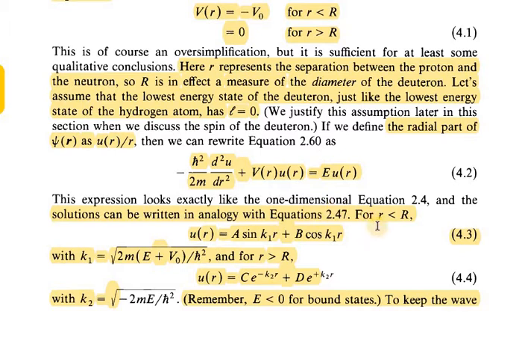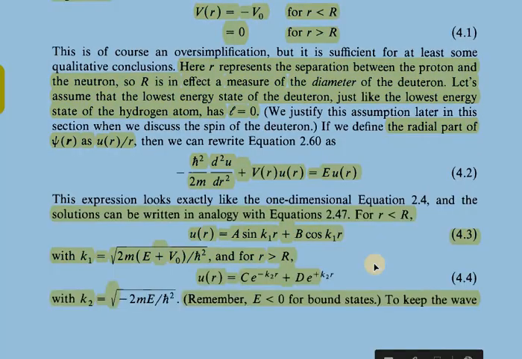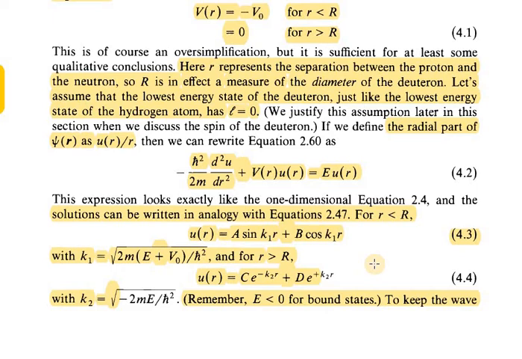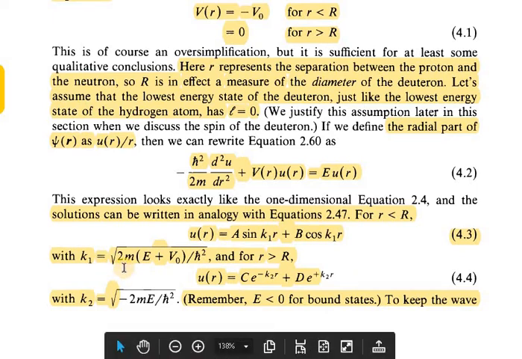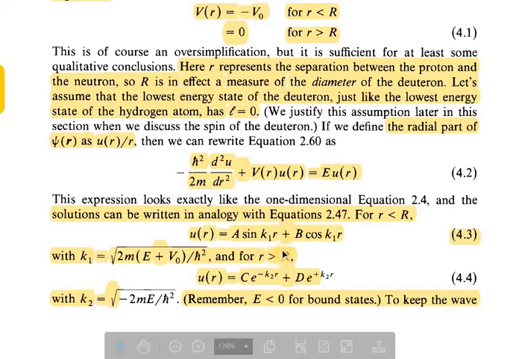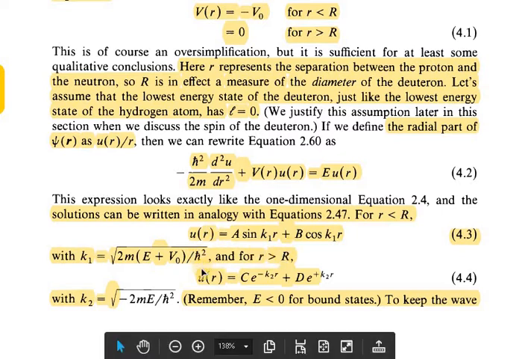And finally you will get for r less than R, u of r equal to A sin k1 r plus B cos k1 r, where k1 equal to square root of 2m into E plus V0 by h cross square, and for r greater than R you will get u of r equal to C e power minus k2 r plus D e power k2 r, where k2 equal to square root of minus 2mE by h cross square.